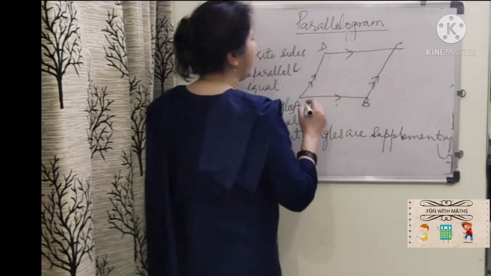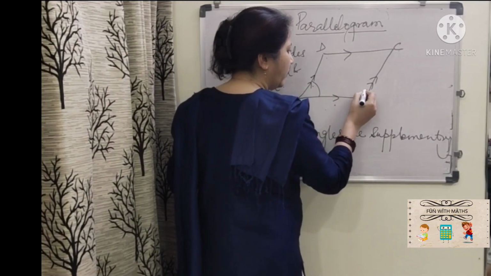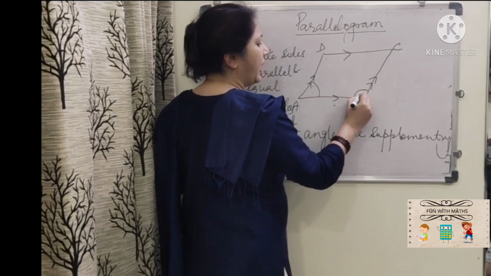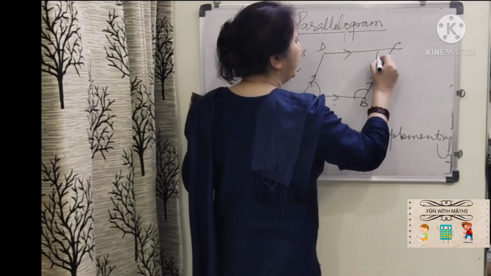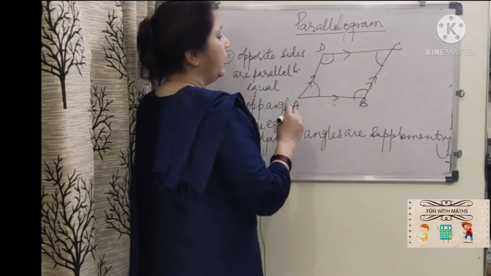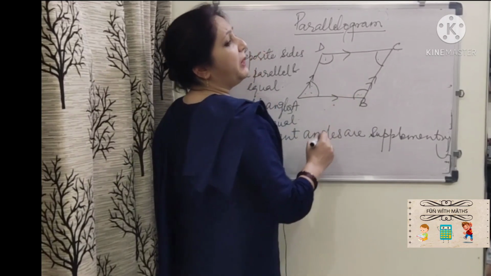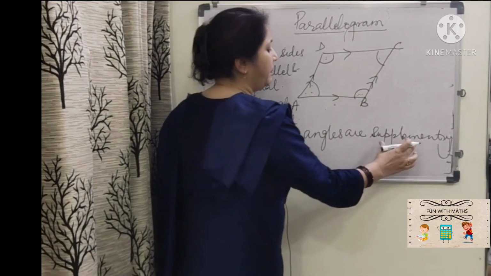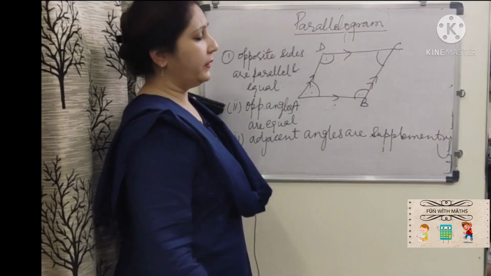Children, by adjacent angles I mean the two angles on the same side, like A and B are adjacent to each other, B is adjacent to C, C is adjacent to D and D is adjacent to A. So if you take the adjacent angles, their sum would be 180 degrees. Supplementary means two angles whose sum is 180 degrees.